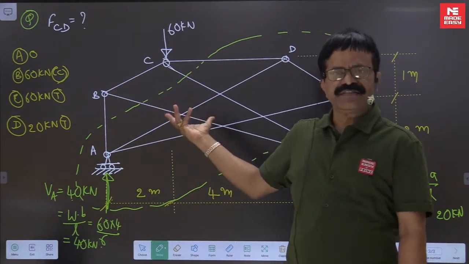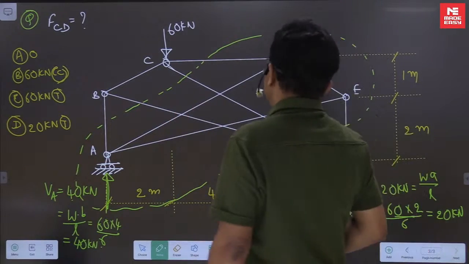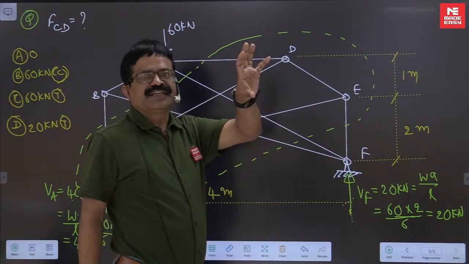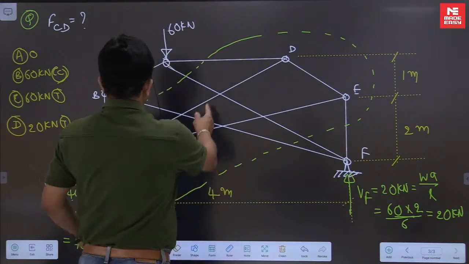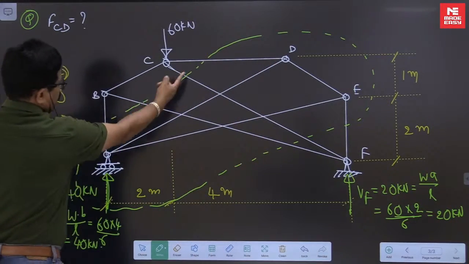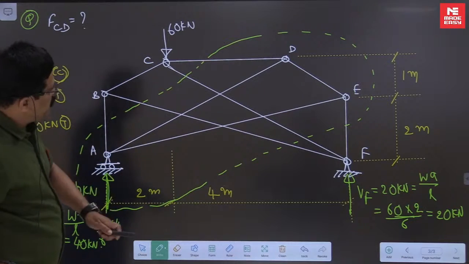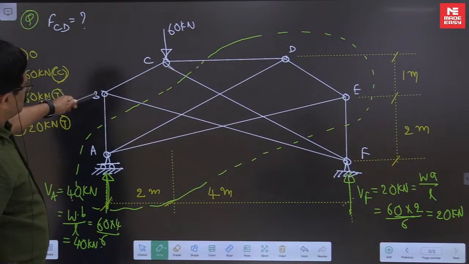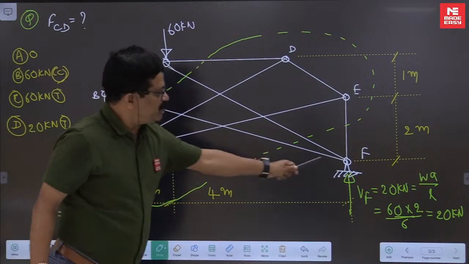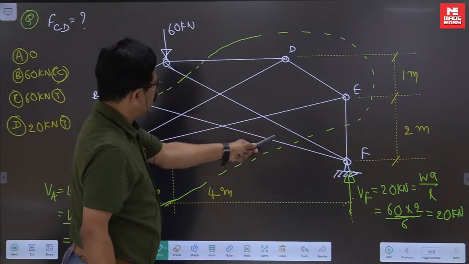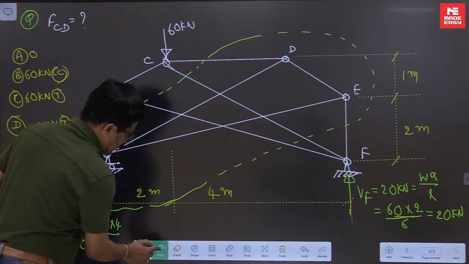It is our wish to cut the way we like. In the process, if I take the free body diagram of segment ADE, that green color line is our cut. This is how we are cutting it. So how many members got cut? AB. The BF member is getting cut at two places. Let it be cut, no problem. Here and here it is cutting. We will show what they are doing.